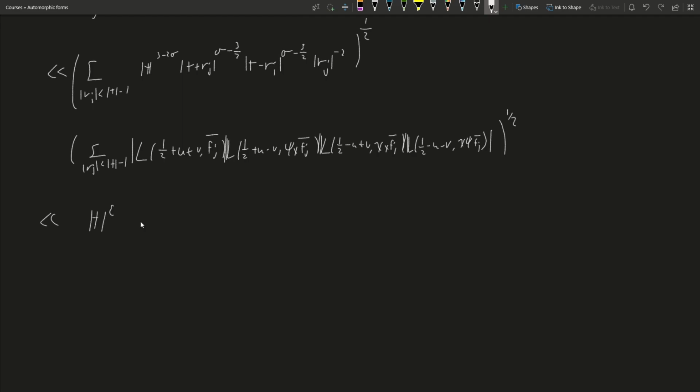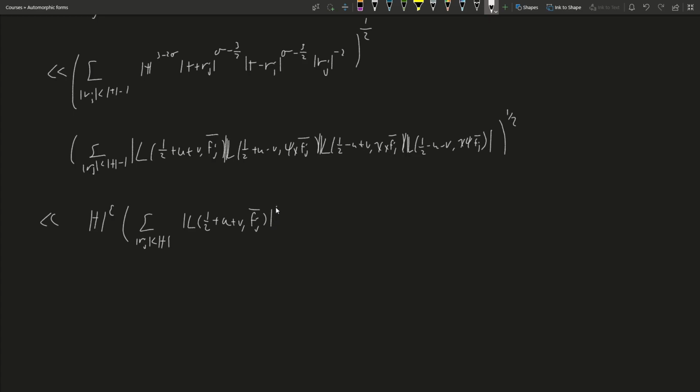And then for these individual L functions, we end up getting the sum over r_j less than t minus 1 of L of 1/2 plus u plus v, f_j conjugate.